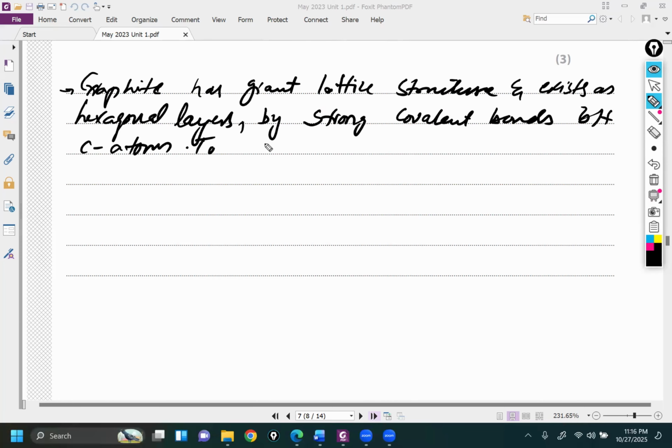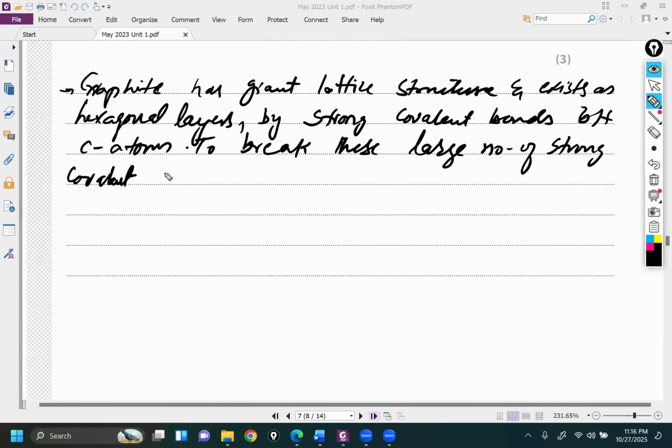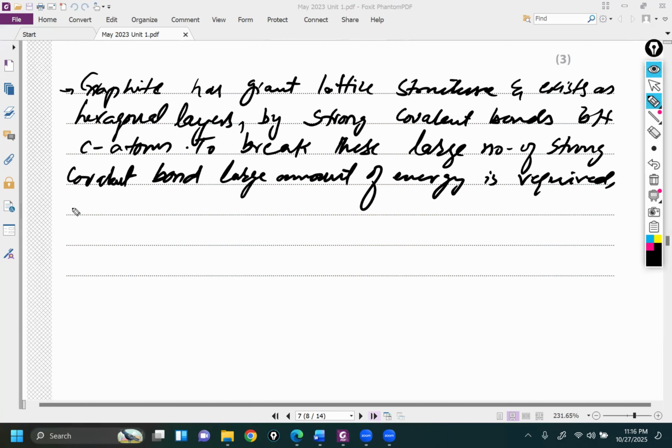To break this large number of strong covalent bonds, a large amount of energy is required. So it has a high melting point. So this will be the first part.